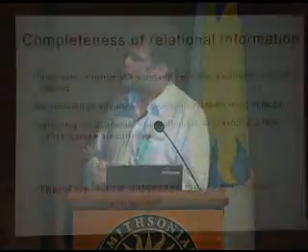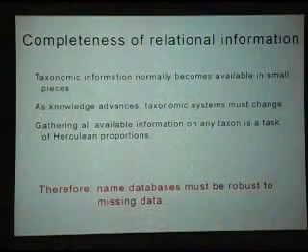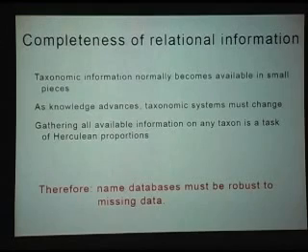So as we heard earlier, Linnaeus was acutely aware of the problem of missing information. He was aware that you couldn't make a completely stable classification until you had complete information. If you haven't examined all the species in a genus, then you can't fully define the genus. In general, we have found taxonomic information normally becomes available only in little bits and pieces. You get a little fragment at a time.